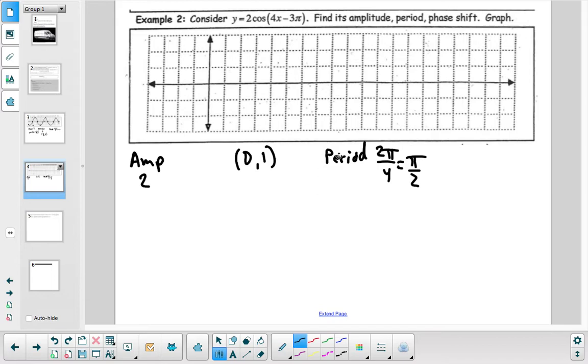And then our phi is going to be 3 pi over 4. Or factor out the 4 and you have that. So we're getting moved to the left 3 pi over 4.